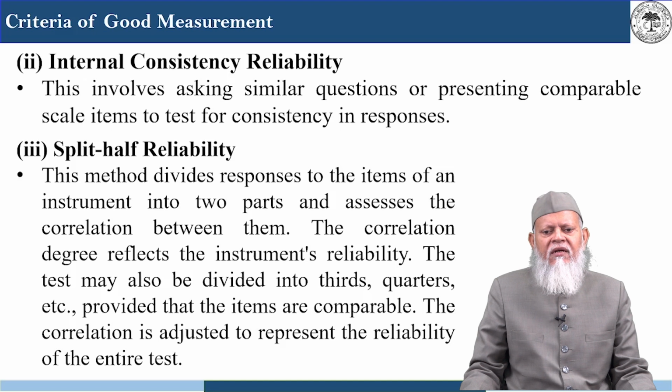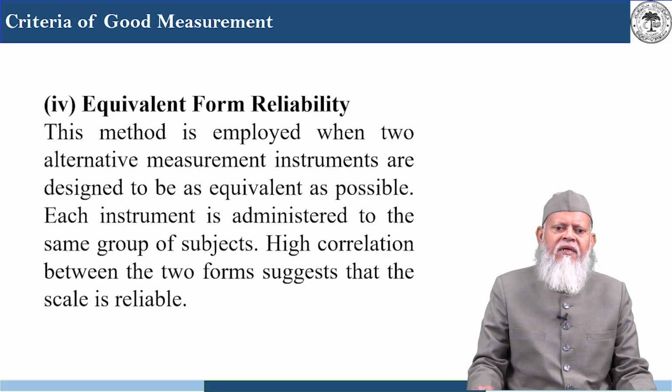So that way the correlation degree reflects the instrument's reliability, and the test is divided into thirds or quarters, and then the correlation is compared. And so this correlation is studied to test the reliability of the test. That is the split half reliability.